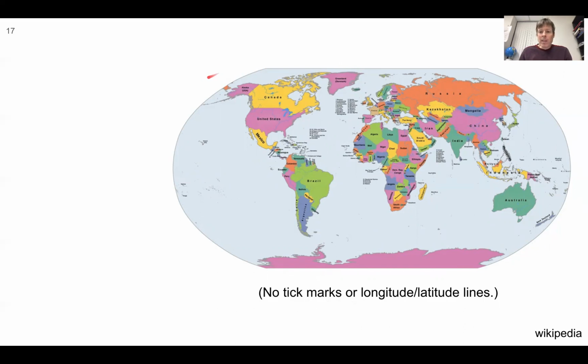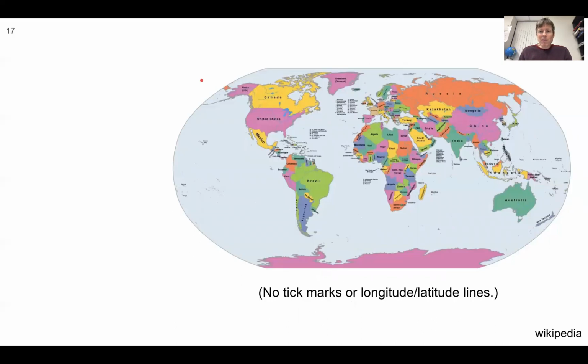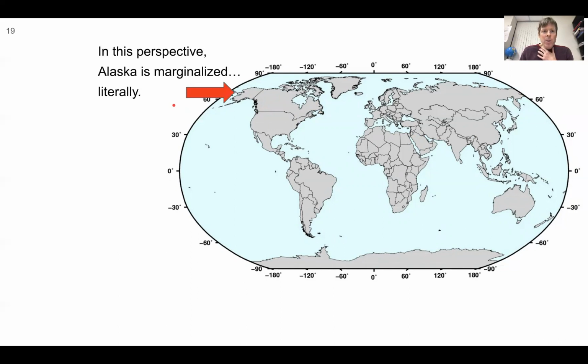So here's a map of the world. Again, our view, kind of a more colorful view here. And so here's our map. In this perspective, Alaska is marginalized, literally. It's on the margin and you really can't see the details. It's kind of squeezed and distorted.